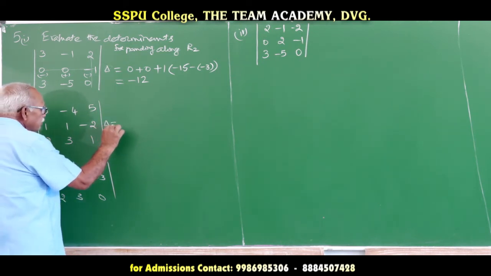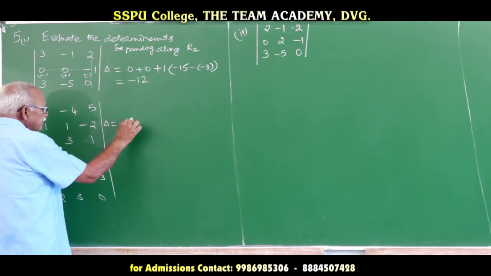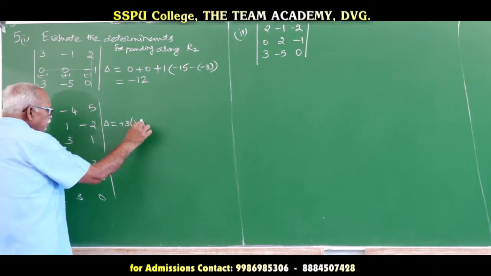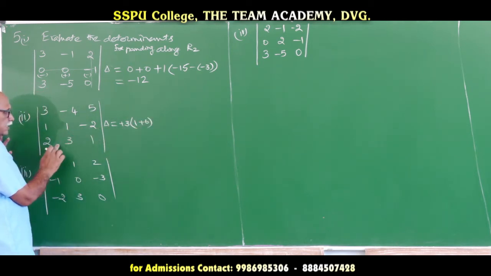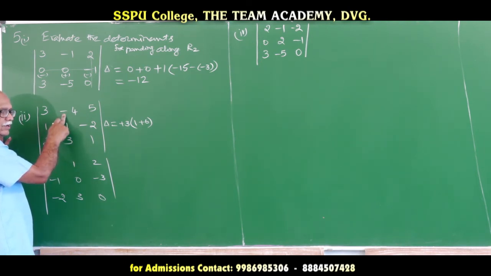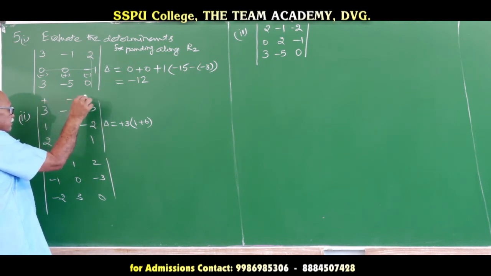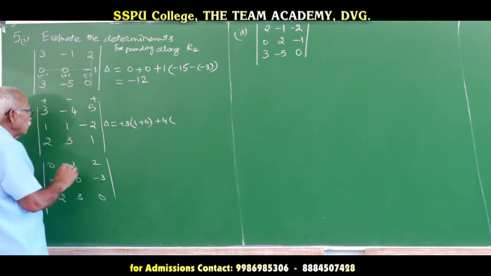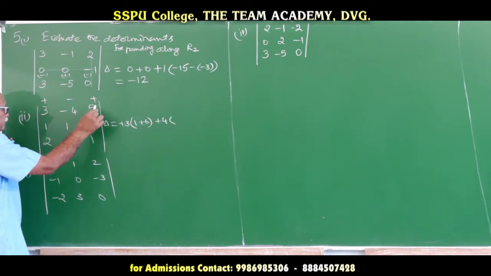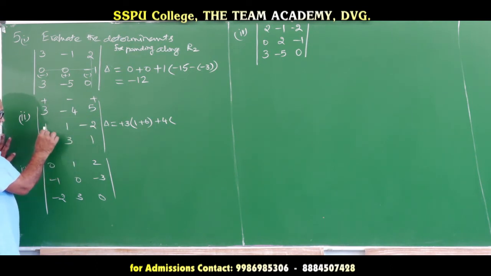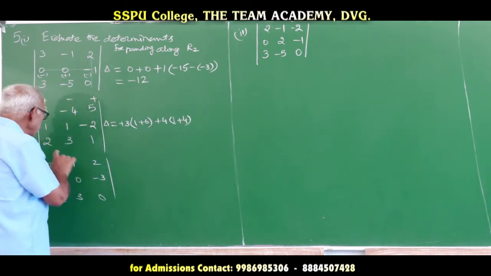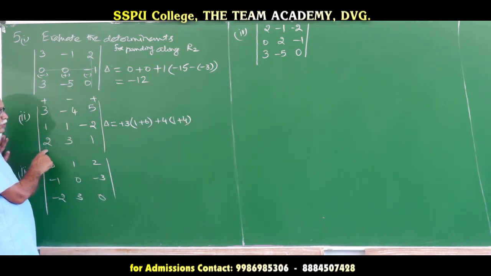Now, let us expand the second problem here. So, delta is equal to here plus 3 into 1 plus 6, that is minus 6. When you multiply with the minus sign, it will become plus 6. Here we have to take minus sign, here plus, here minus, here plus. So, minus of minus this one is 4. After that eliminate first row and this. So, you have to take the product of these elements, 1 plus 4. So, you get 2 into 2 minus 4, it becomes plus 4.